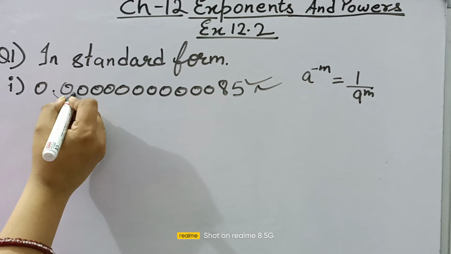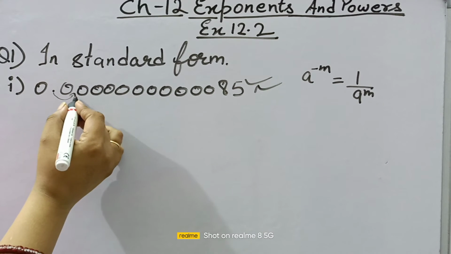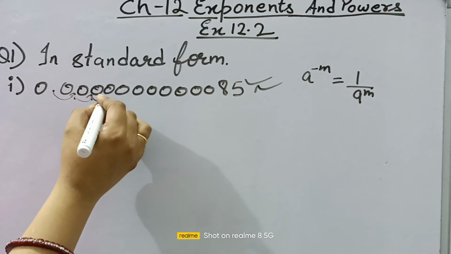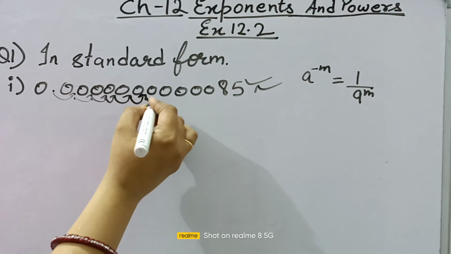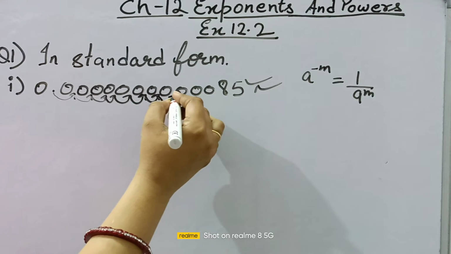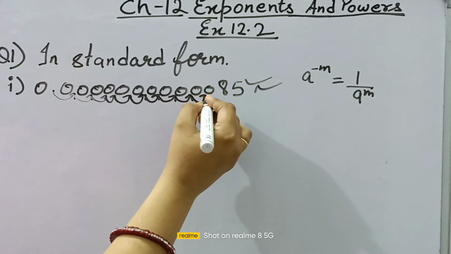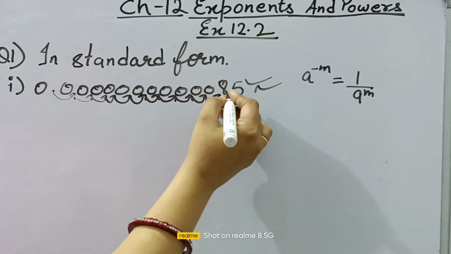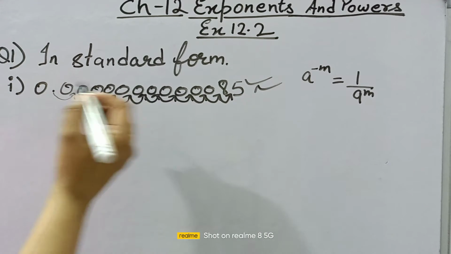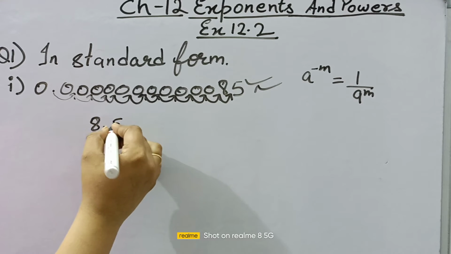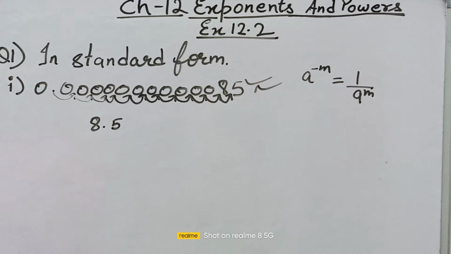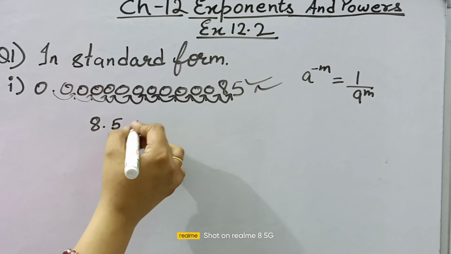Now this decimal is shifted here for the one time, then second time, third, fourth, fifth, sixth, 7, 8, 9, 10, 11, 12. Now when the decimal is shifted here, it becomes 8.5. And how many times has it been shifted? 12 times.